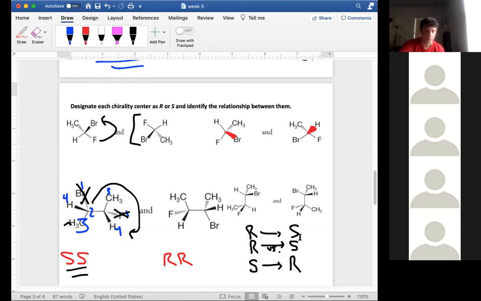If not all, but some change their R and S, like if only 2 of them changed, then it would be a diastereomer.